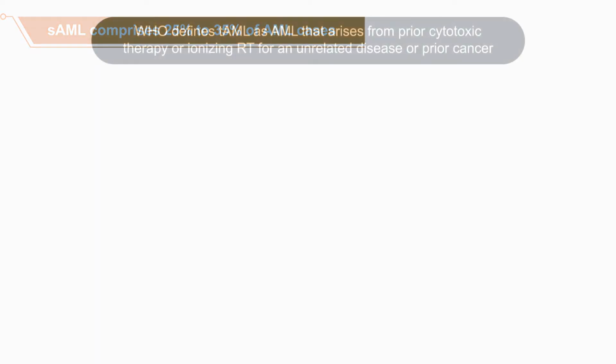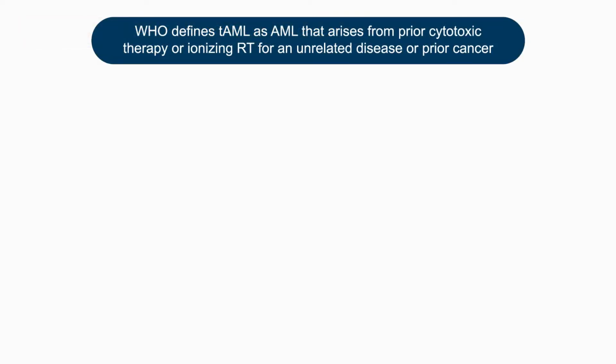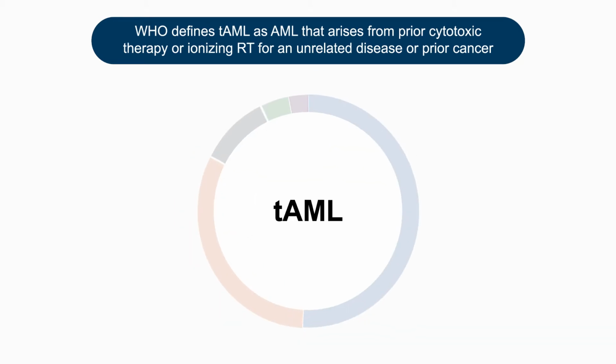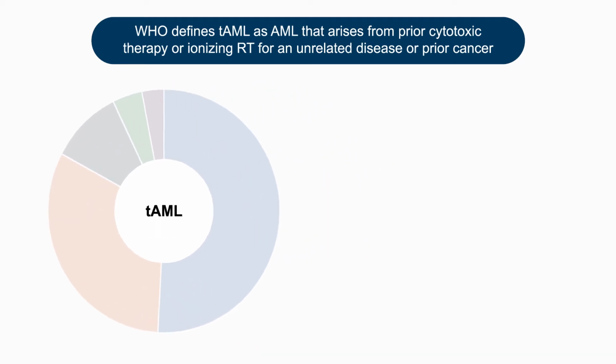The World Health Organization defines therapy-related AML, or what we will refer to as T-AML for the rest of this presentation, as an acute myeloid leukemia that arises from prior cytotoxic therapy or ionizing radiation therapy for an unrelated disease or a previous cancer.